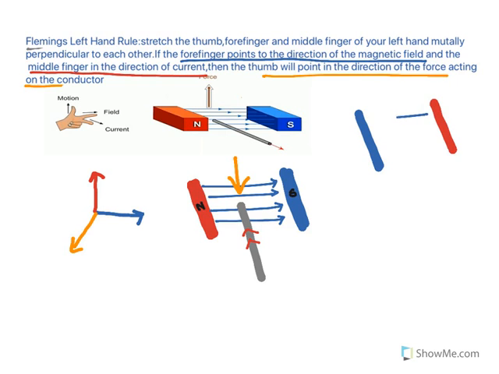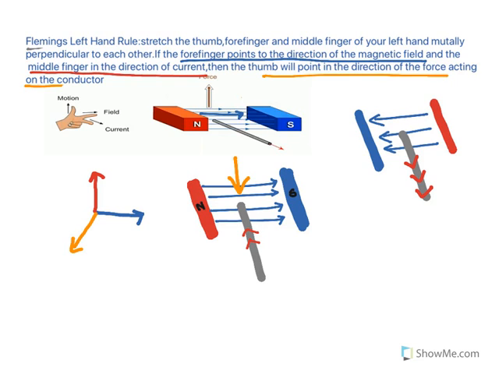However, if you keep the current the same and now I reverse the field, where the field was towards my right, now the field is towards my left, and the current in the conductor is the same, going downwards.